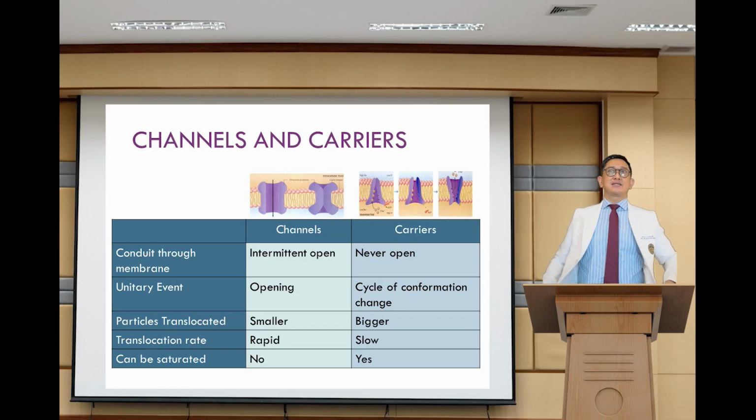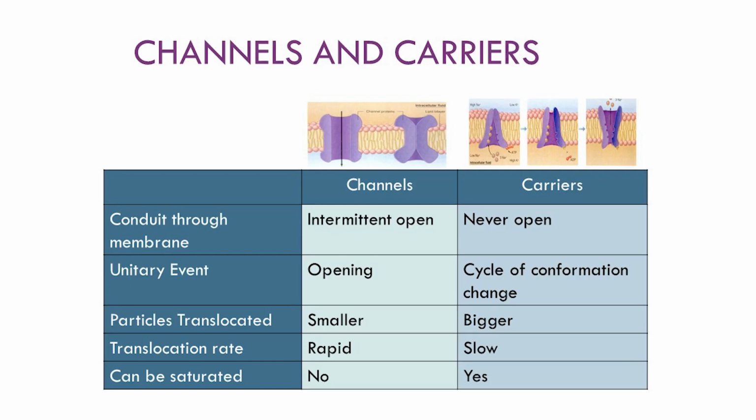So we mentioned channels and carriers, and these are transmembrane proteins that help facilitate the movement of solutes from inside to outside of the cell or outside to inside of the cell. So what are the differences between channels and carriers? Channels are intermittently open. Carriers are never open. Unitary event: channels just open up and then transport the solute.